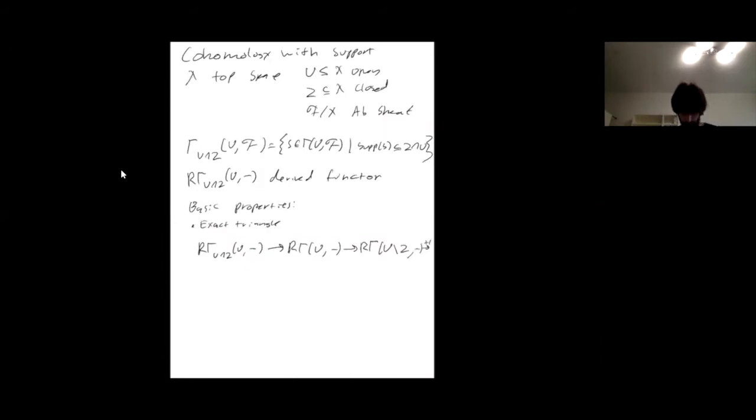And you get an exact triangle like this. In particular, this tells you that you can compute this cohomology with support in terms of just usual cohomologies.